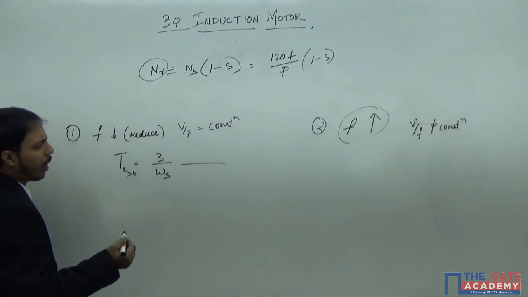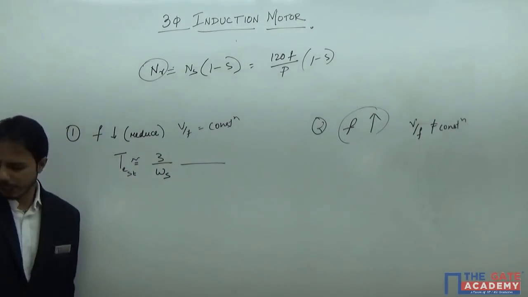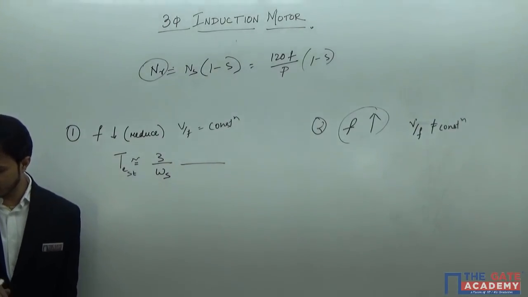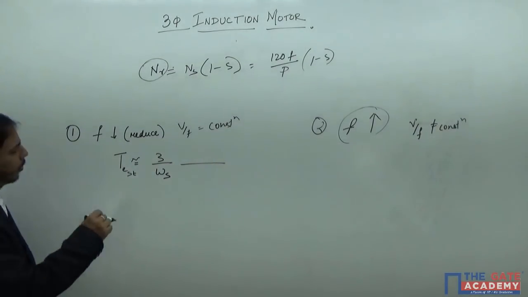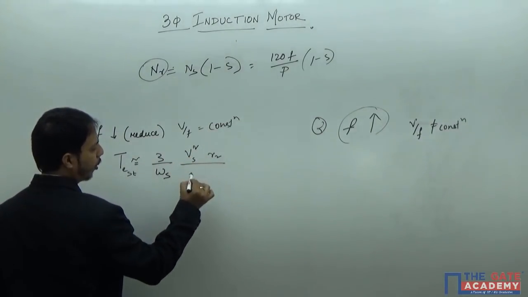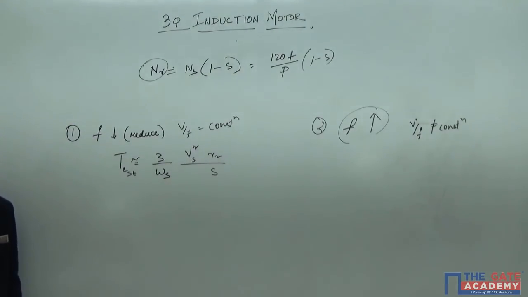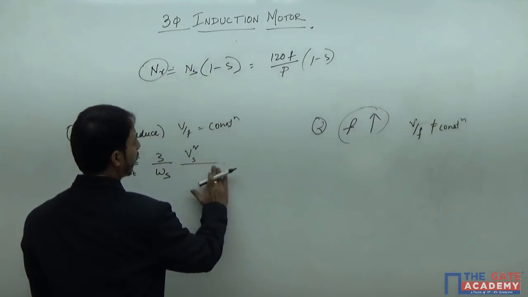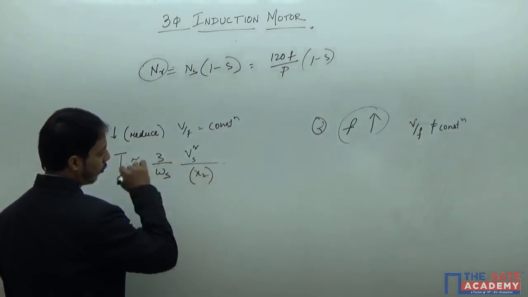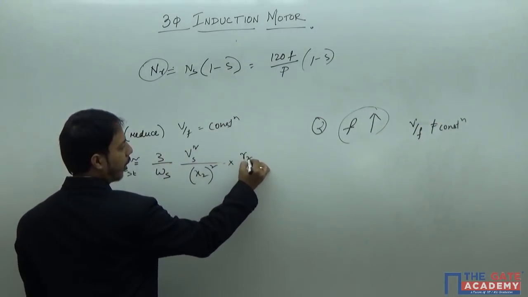So at starting what will happen? We know that T starting will be V1 or Vs square R2 by S. At the time of starting, X2 will be more than R2, so we can remove R2 from the denominator, keeping X2 square, and multiply by R2.